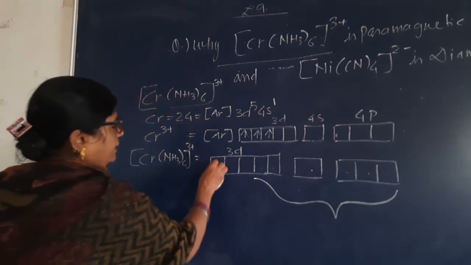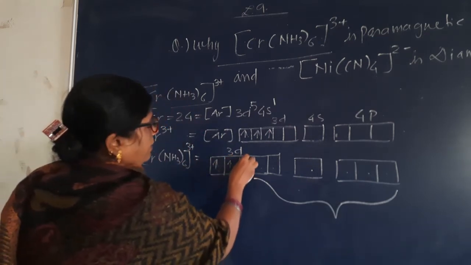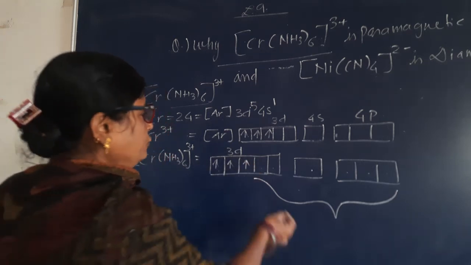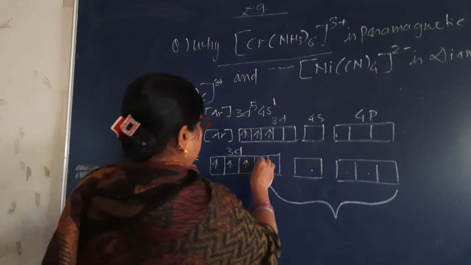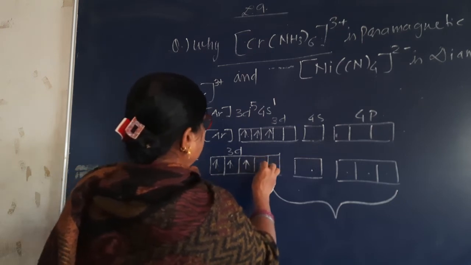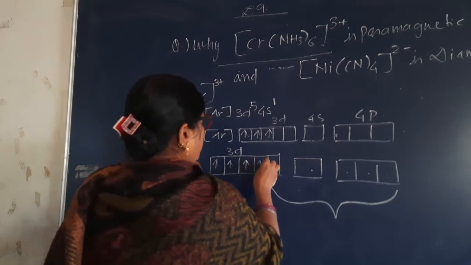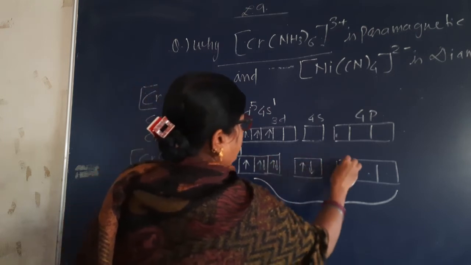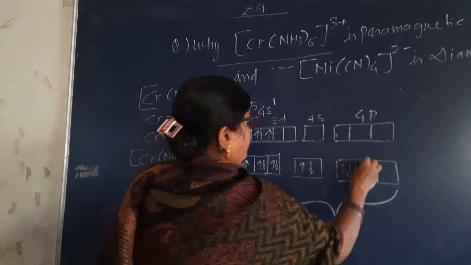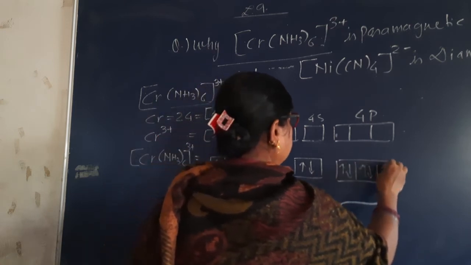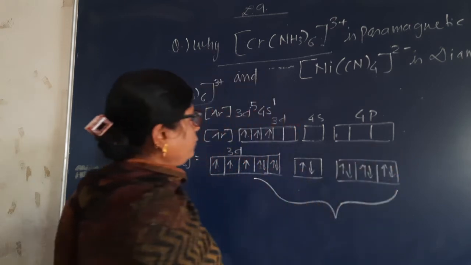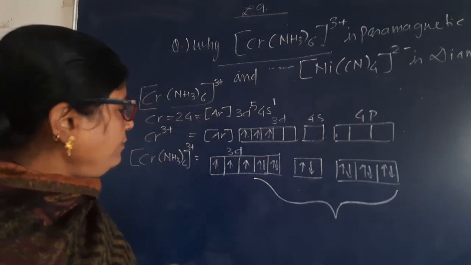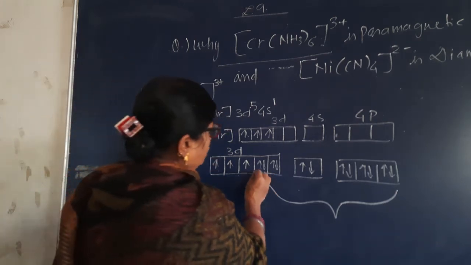Okay. So already 3 electrons were there. Why was pairing not there? You understood, because NH3 is a weak ligand. So now how many pairs of electrons will be adjusted here? It will be 1 pair, 2 pair, 3 pair, 4 pair, 5 pair and 6 pair. 6 pairs of electrons given by 6 amines, that is the ligands, will be there. So what is the hybridization we get here, children?